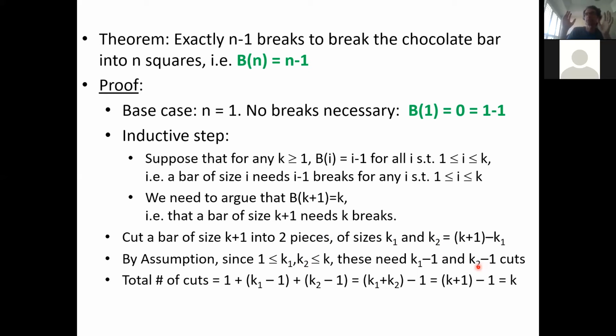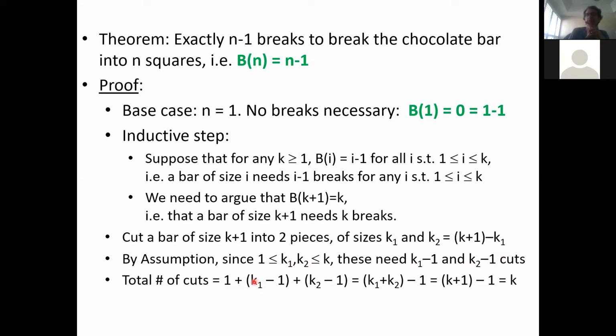So how many cuts did you need total? 1 cut to divide into k1 and k2 sub-bars, and now by the inductive hypothesis, this many to fully subdivide the left guy, and this many to fully subdivide the right one. So this is the total number of cuts.